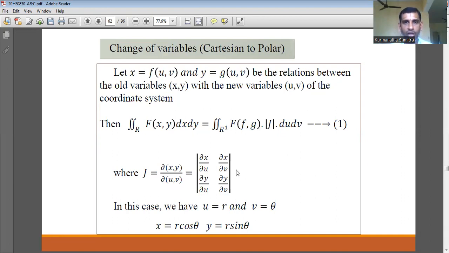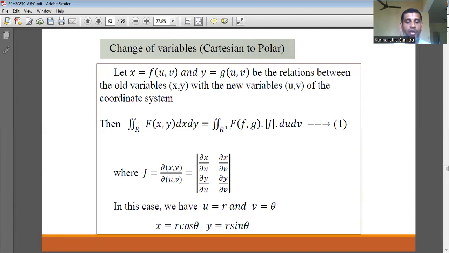Now we can consider changing from Cartesian coordinates to polar coordinates, that is r, theta. So x, y are Cartesian coordinates, and in the place of u, v we take the polar coordinates r, theta. The transformation is x equals r cos theta and y equals r sin theta.